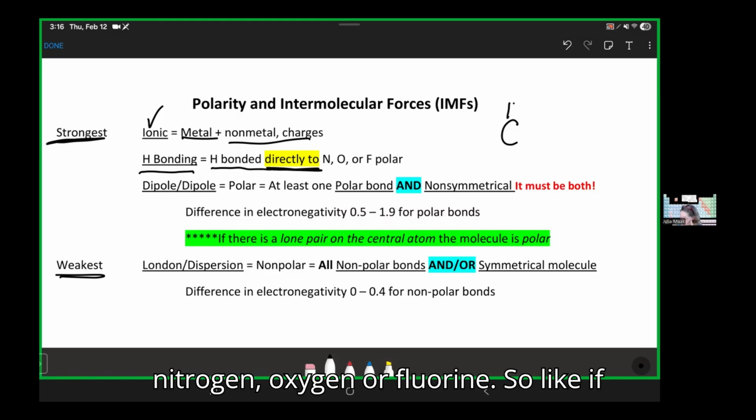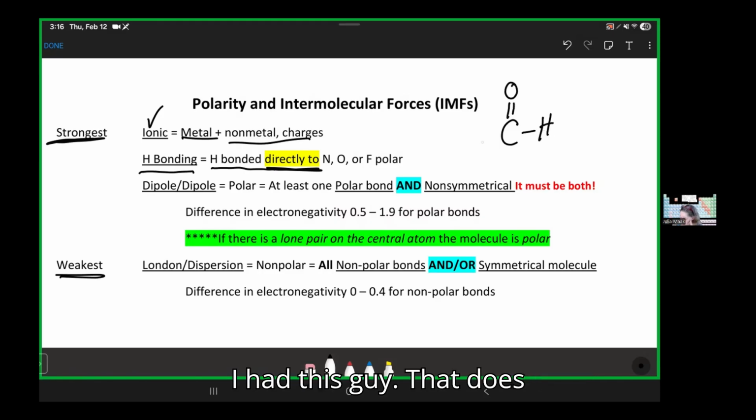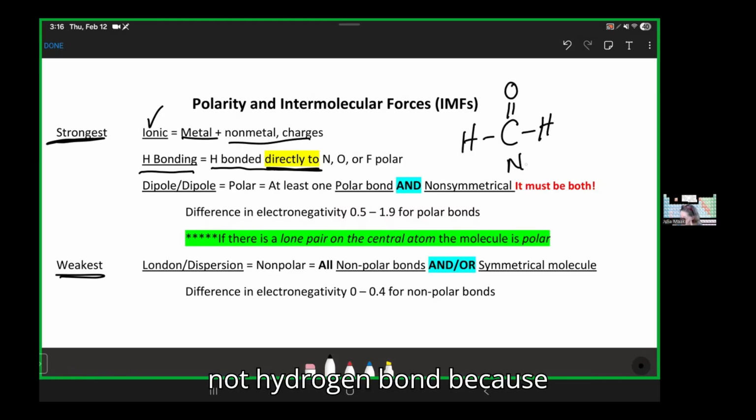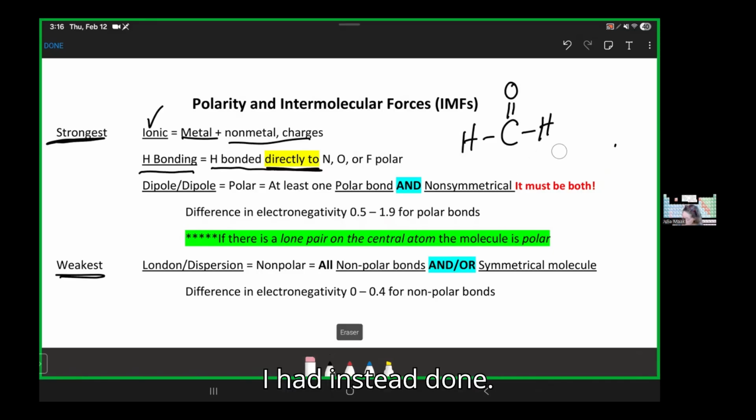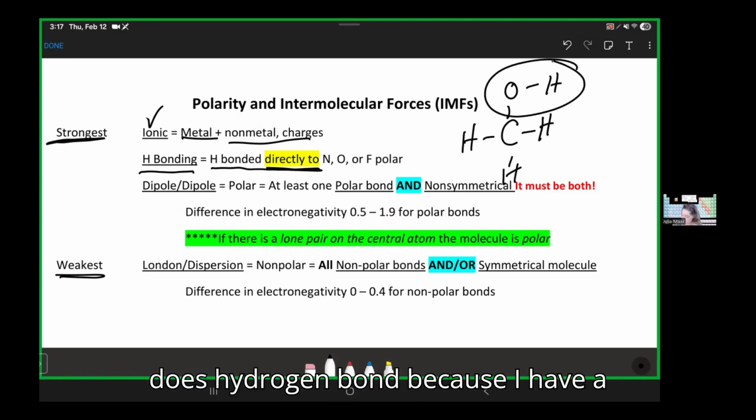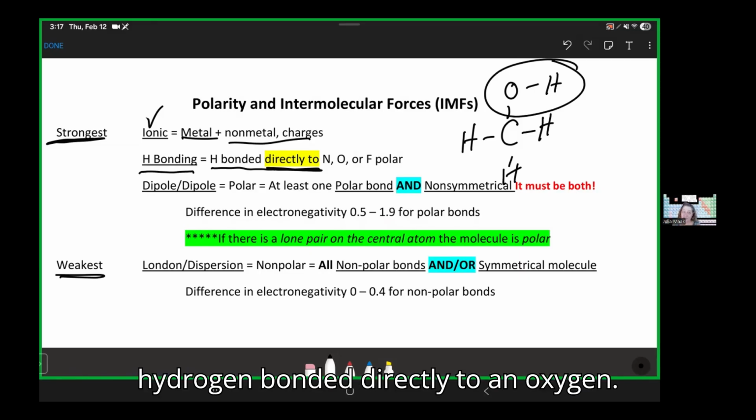So like if I had this guy, that does not hydrogen bond because I don't have hydrogen bonded directly to that oxygen. So if I had instead done this, now yes, that does hydrogen bond because I have a hydrogen bonded directly to an oxygen.